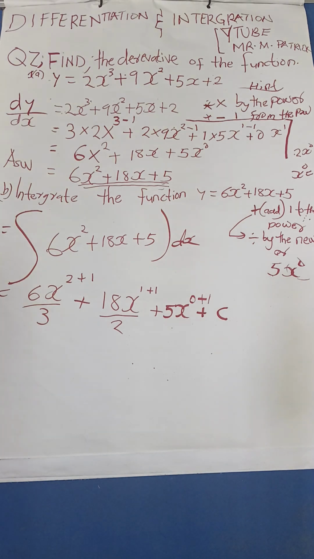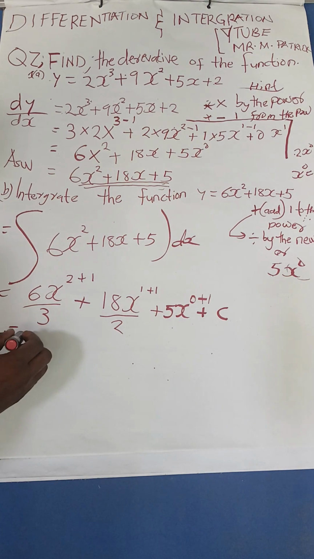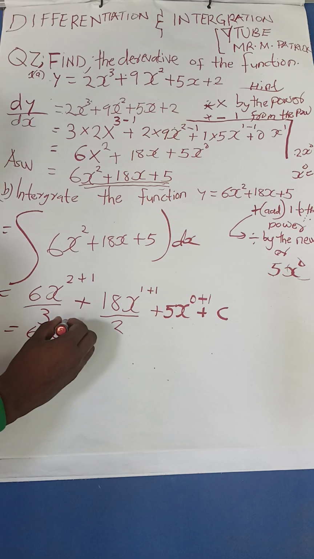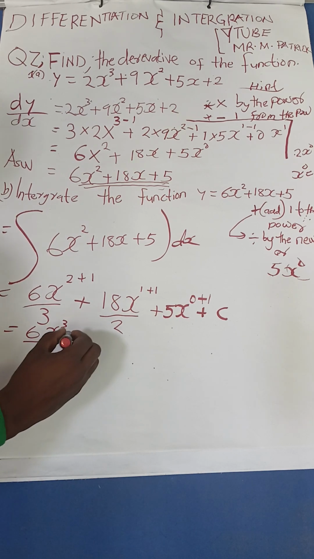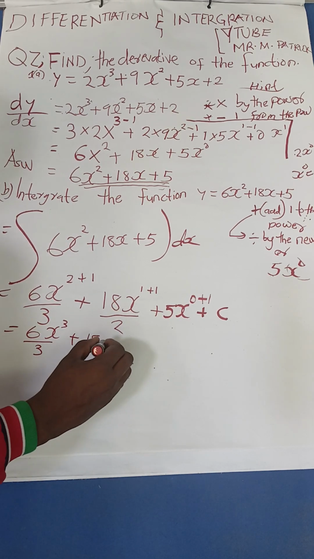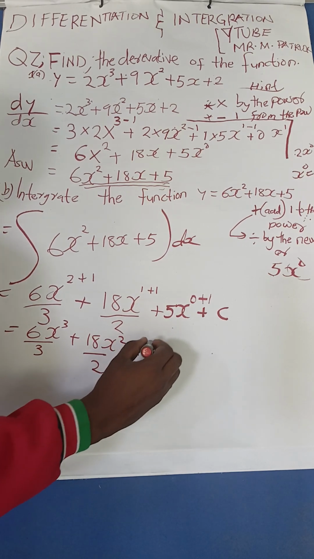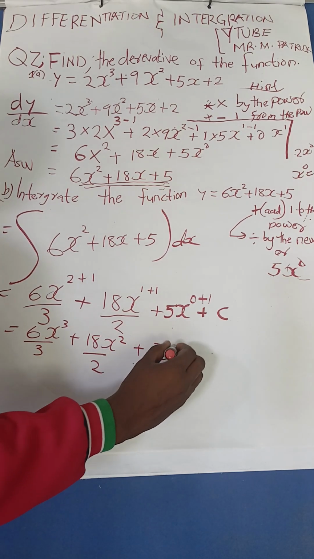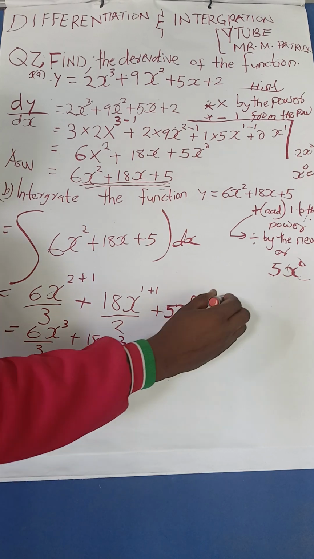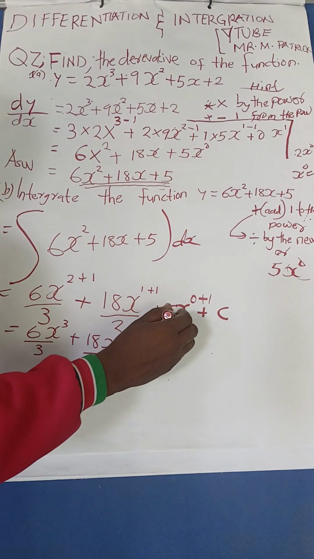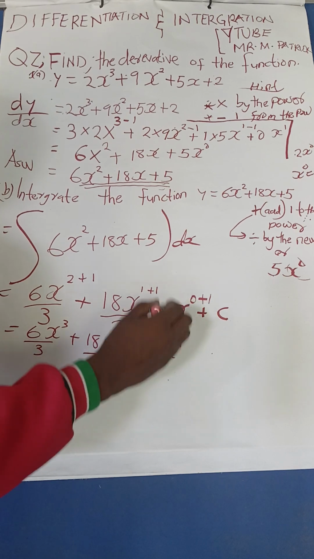So we go ahead now. Very easy. After that, you'll have 6x to the power 3 divided by 3, plus 18x to the power 2 divided by 2, plus 5x to the power 1, since 0 plus 1 is 1. Remember here you divide by the new power, which was 1.